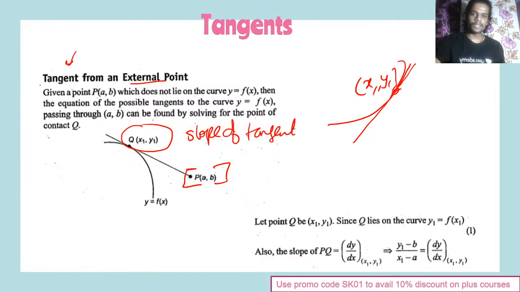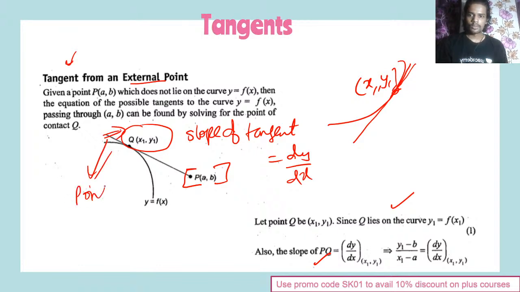The slope of the tangent is equal to dy/dx. So we have two equations, two variables, and we will be able to solve for x1 and y1, which is the point of contact.